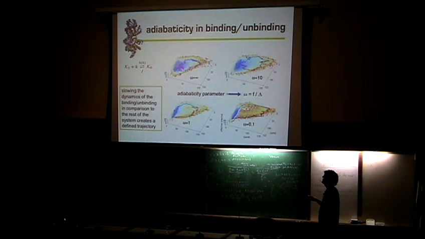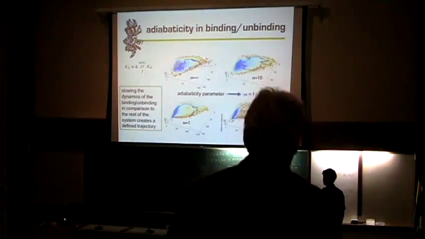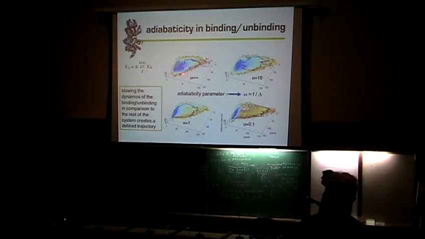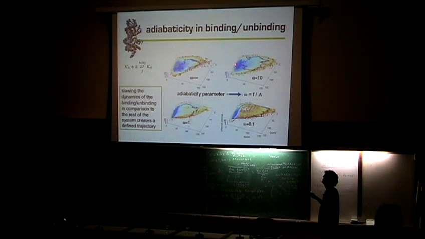This other plot is a sample trajectory. Blue means the gene is unbound, and red means the gene is bound and you have a high synthesis rate of ComK that's going to throw you into a competence cycle. Over here, of course, it's all blue because this is averaged out, so there's no bound and unbound there.